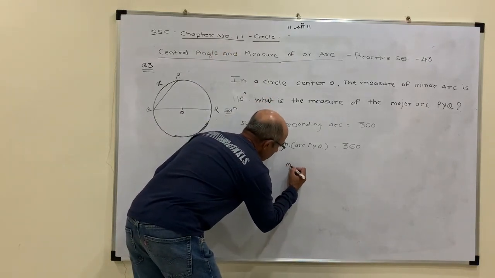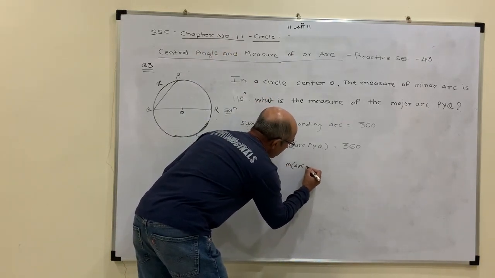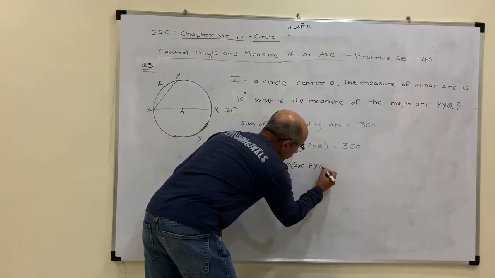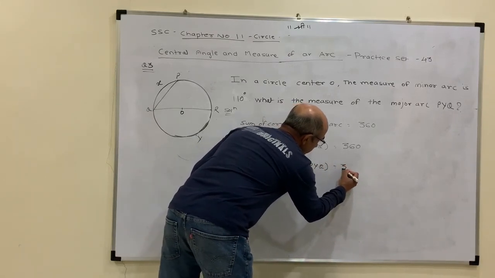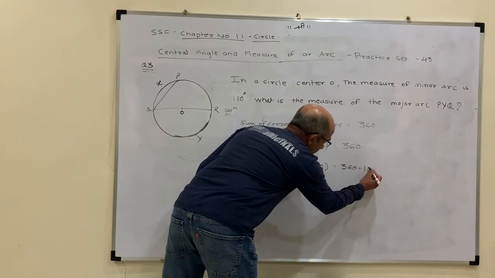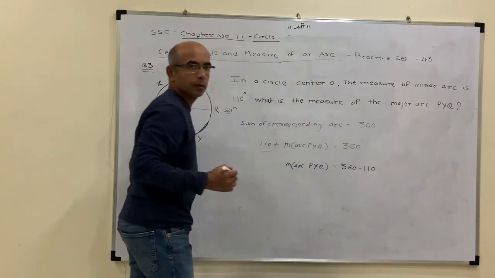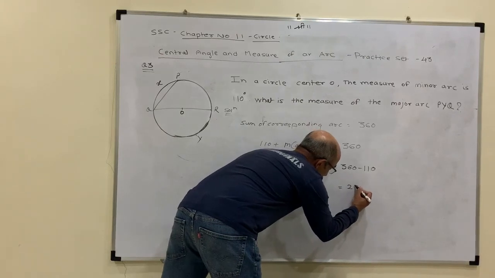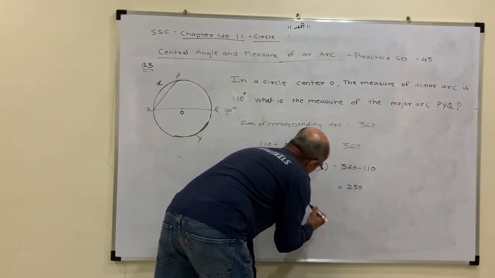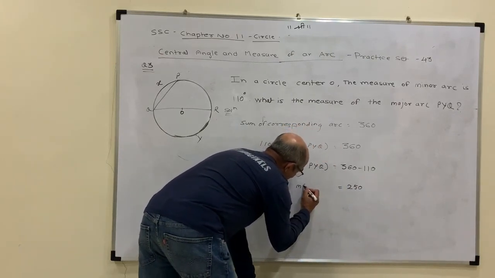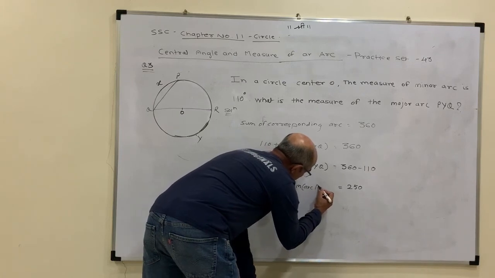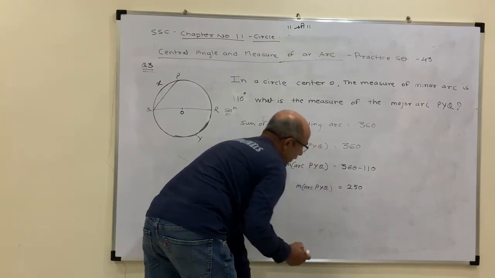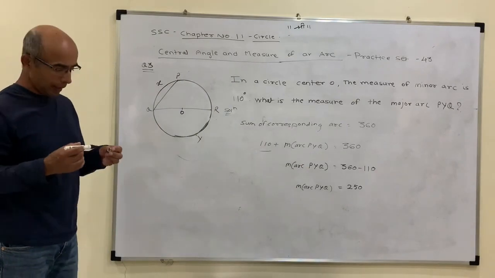So measure of arc PYQ equals 360 minus 110, which equals 250 degrees. So measure of arc PYQ equals 250.